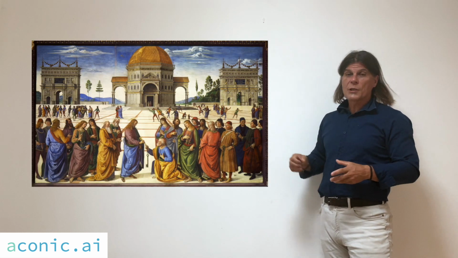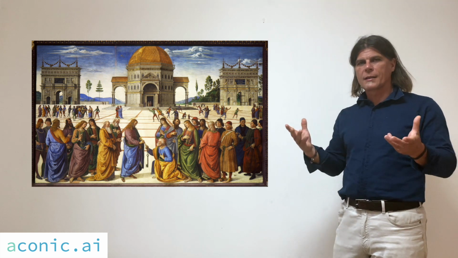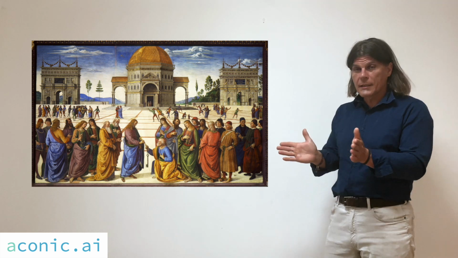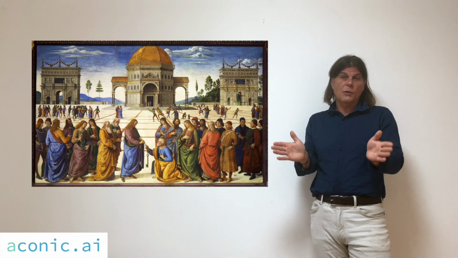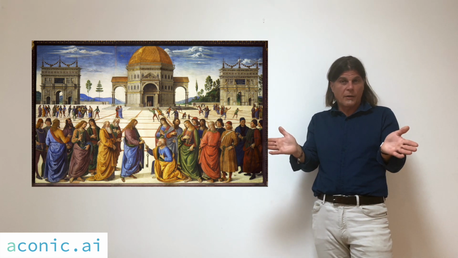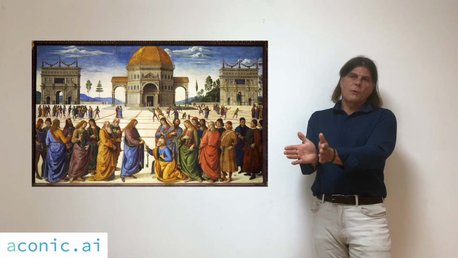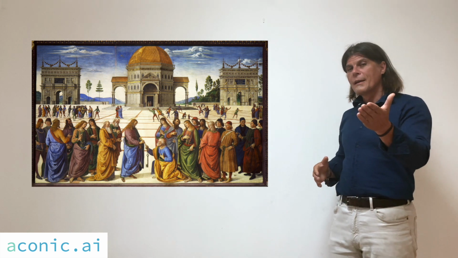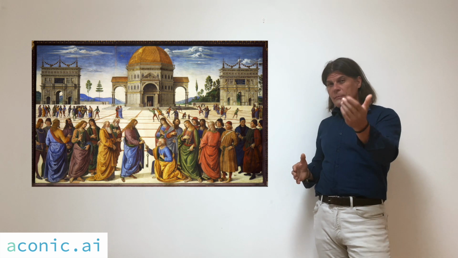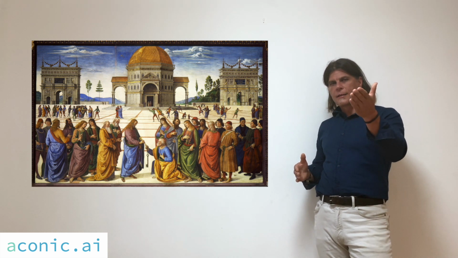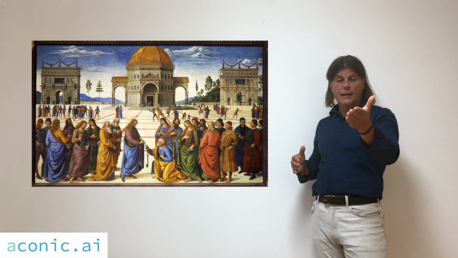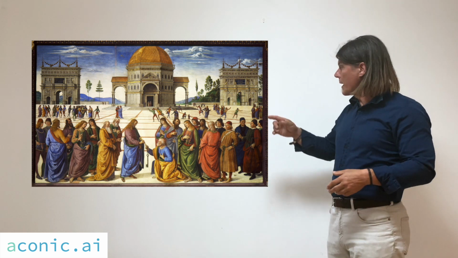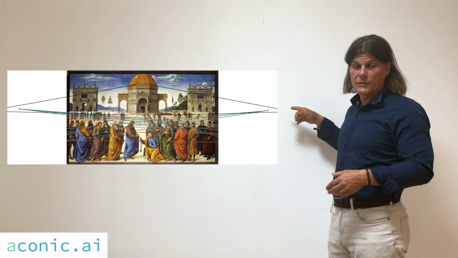So as you see, Perugino has painted an octagonal building in the middle. And this octagonal building has sides that are actually parallel to these diagonals. They should be parallel to these diagonals, since they also have a 45 degree angle with the main line. So what this means is that all lines that are on this side of the building should actually meet at the vanishing point of the diagonals.